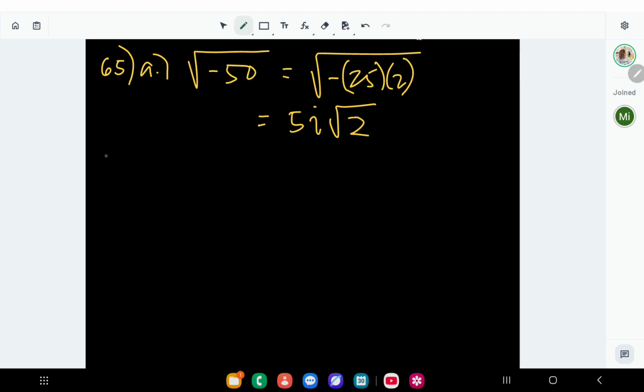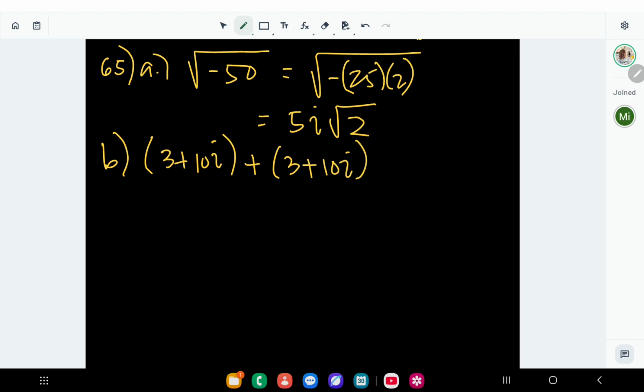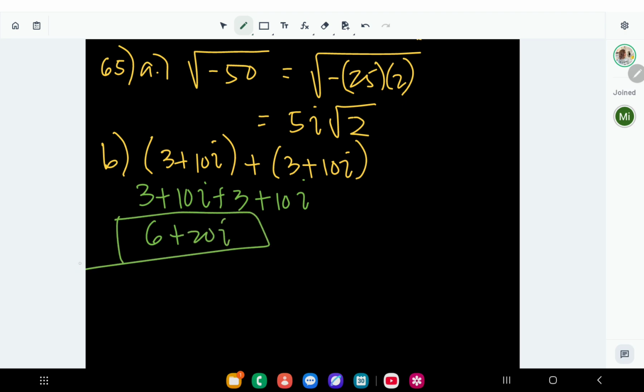That is the answer. And for letter B, we have 3 plus 10i plus 3 plus 10i. We get rid of the parentheses. So 3 plus 3 is 6 plus 20i. So this is the answer.